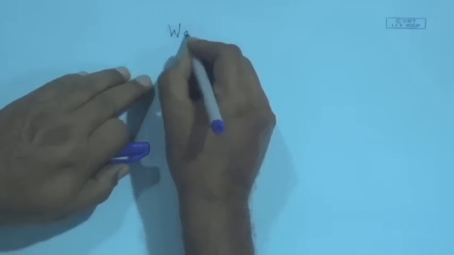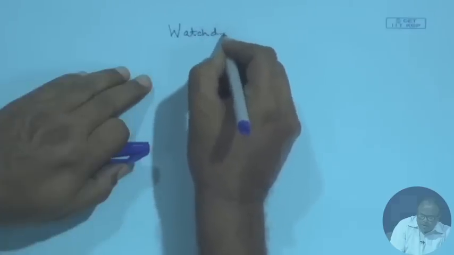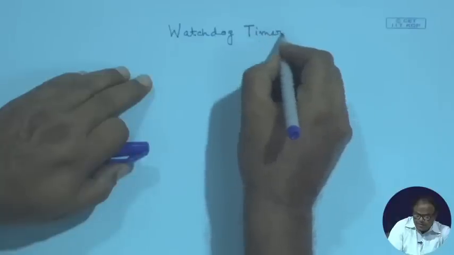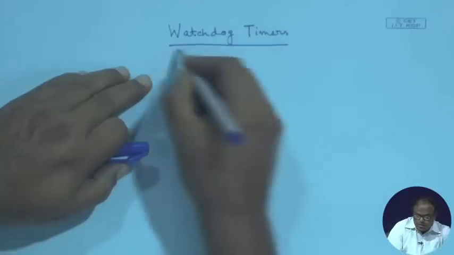A counter, on the other hand, is reset to 0, and at every clock pulse it increases, counts up, and at any point of time I can find out the time elapsed. Now, in the context of timers, one very interesting embedded application often requires watchdog timers. What are watchdog timers?